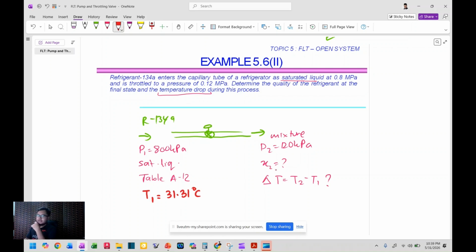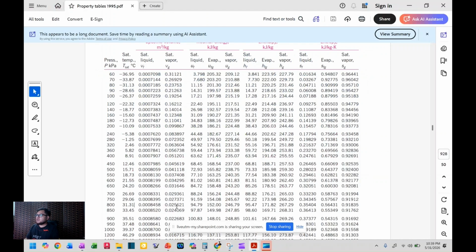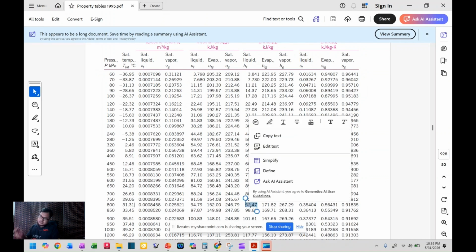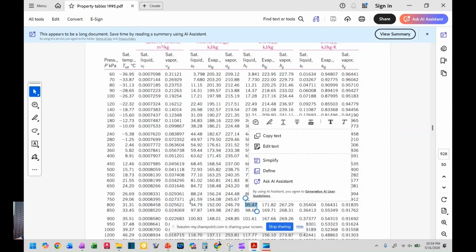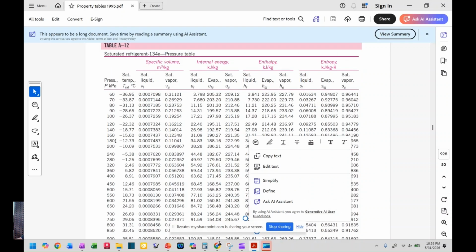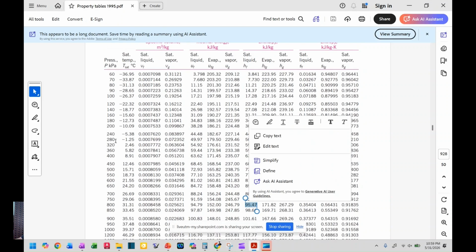How about, oh, hang on. We haven't found the H value yet. So for throttling valves, only the H value is of concern. Okay, so H1 is HF, right? Because it's saturated liquid. Based on table A12, your HF is 95.47 kilojoules per kilogram.